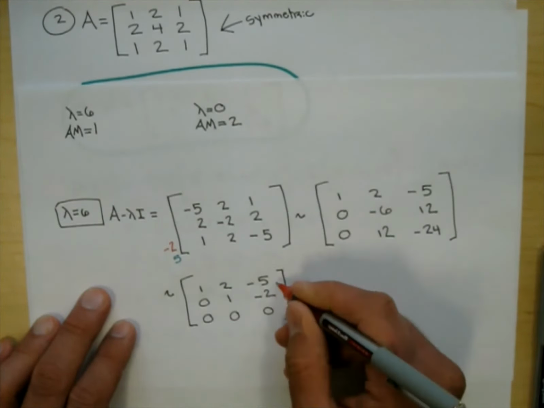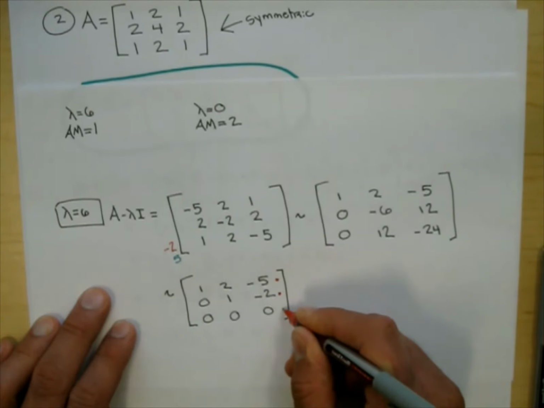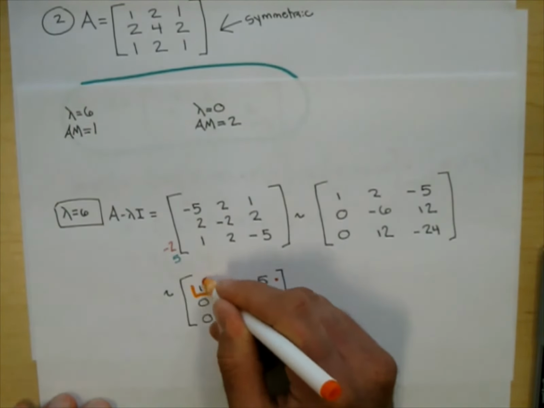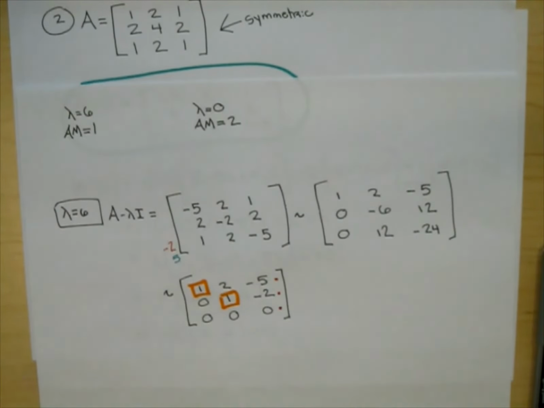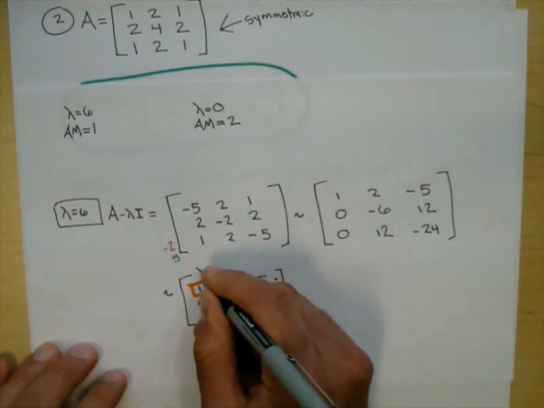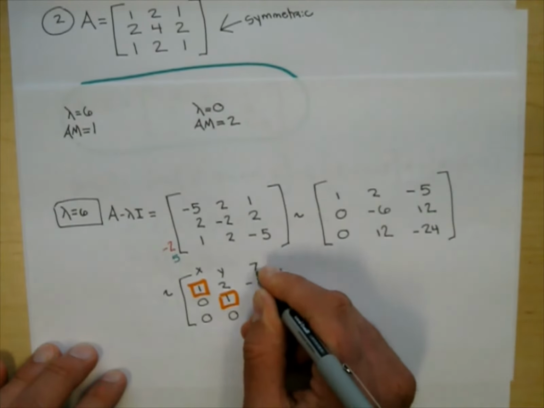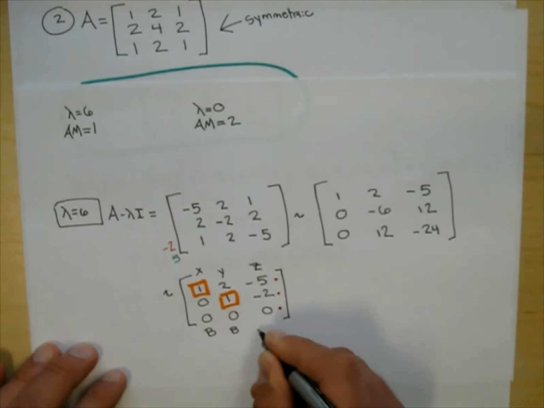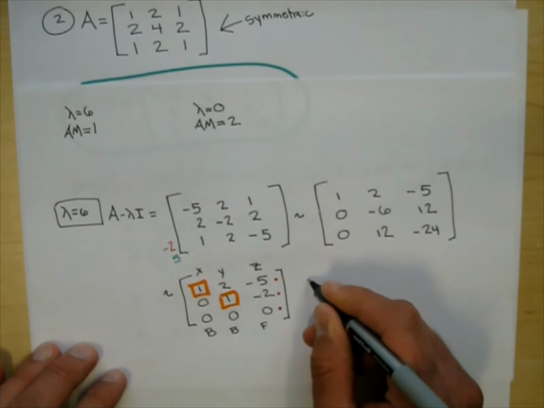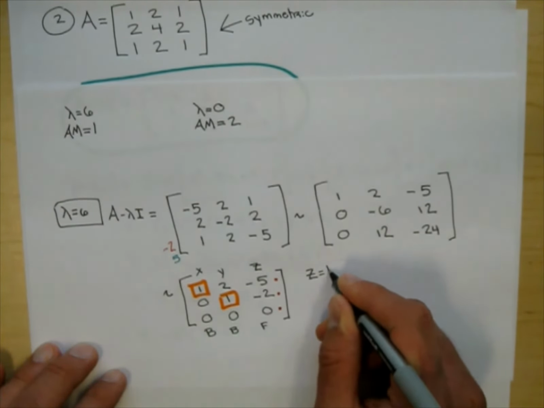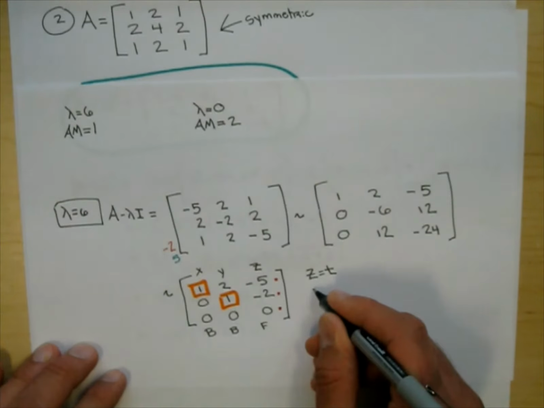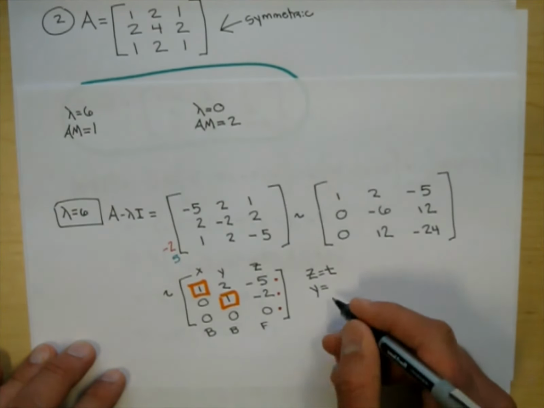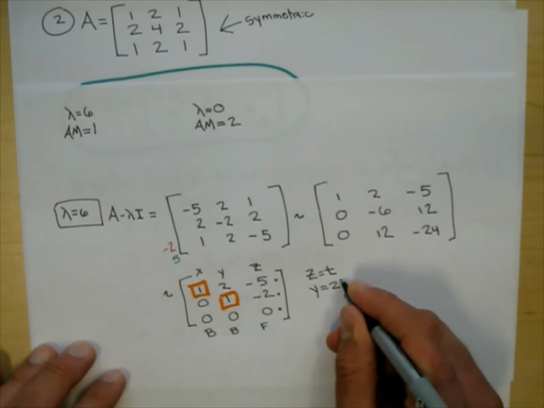I'm trying to find the null space, so there are zeros there. I have 2 pivots. I'll call my variables x, y, and z. Z is free, so z is t. Y, from the second row, is 2t.